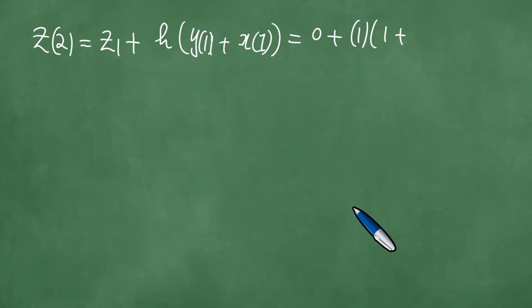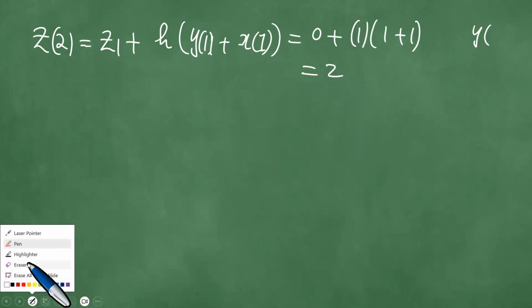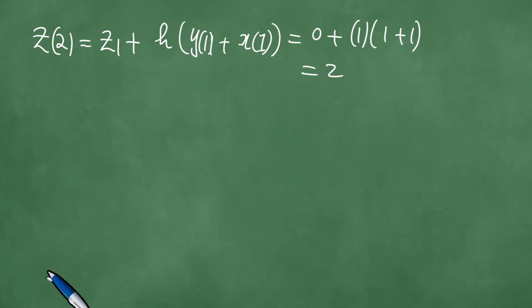X1 is 1, it's going to be just a 1, so that this becomes 2. I can elaborate on that, but it's going to be exactly this.